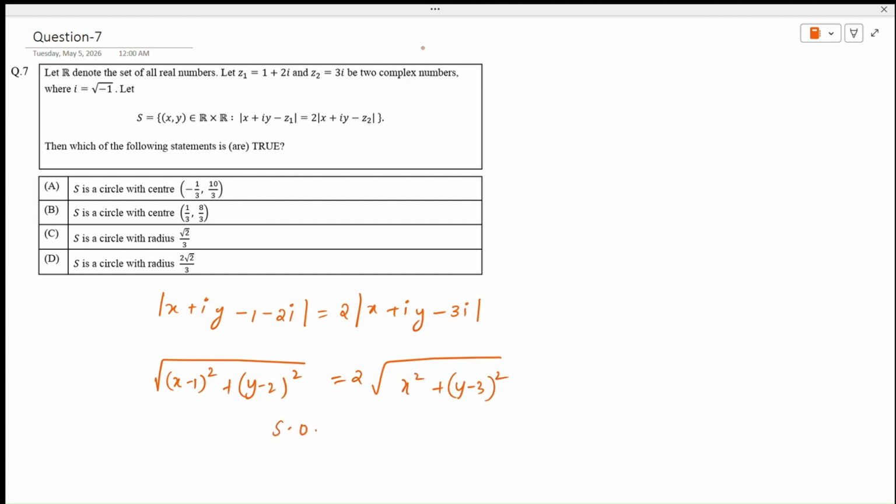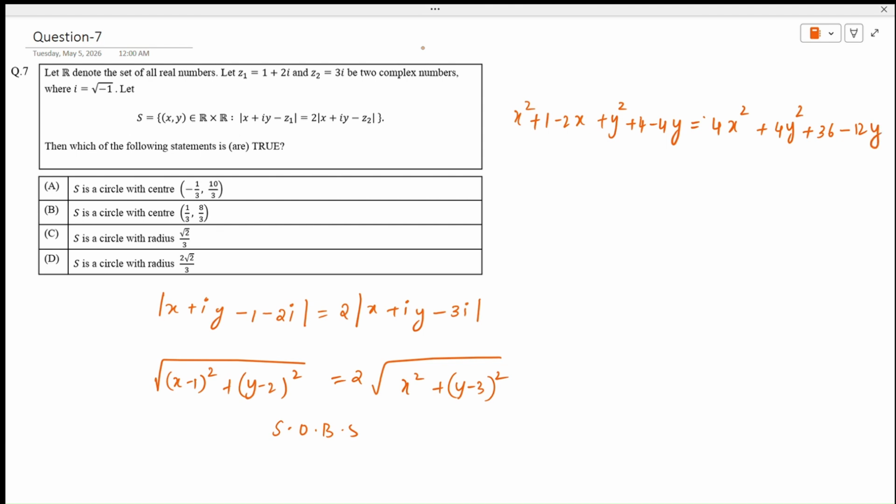If you square both sides, you will get x square plus 1 minus 2x plus y square plus 4 minus 4y equal to 2 square, which becomes 4. So 4 times x square is 4x square, plus 4 into y minus 3 whole square, which is 4y square plus 9 into 4 is 36, and minus 6y into 4 is minus 24.